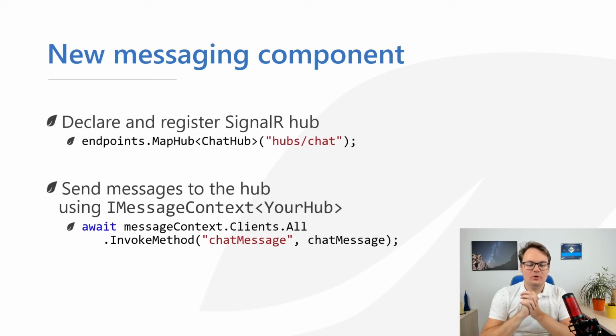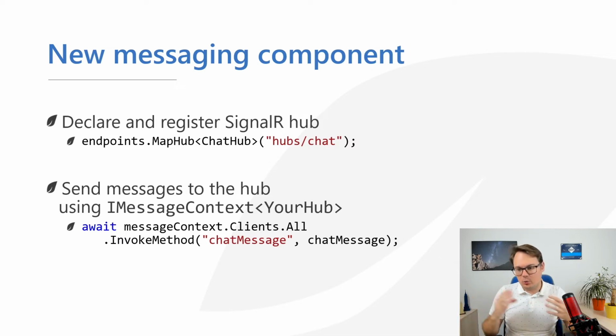So basically, what you need to do is to create a SignalR hub on the server. It's just a C# class that inherits from the Hub class, and you need to configure it in your Startup.cs and specify the URL. And then whenever you want to send a message in the hub, you need an IMessageContext instance. Yeah, so you can get it in the constructor, for example. Be careful here. There is also IHubContext, which is a SignalR based interface, but DotVVM provides some abstraction over it.